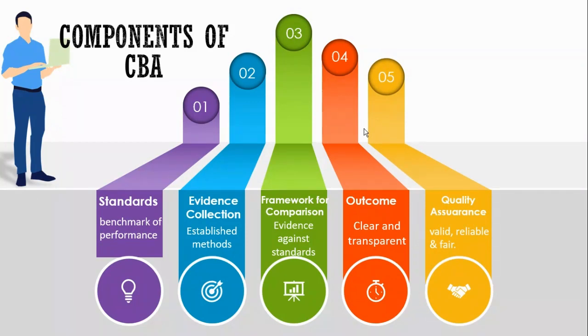Here we'll be looking at the validity, reliability and fairness of our assessments. So basically, those are the components of competency-based assessment. In our next video, we'll start to unpack the methods of assessment, and then we'll start looking at the different tools that we need to develop one by one.